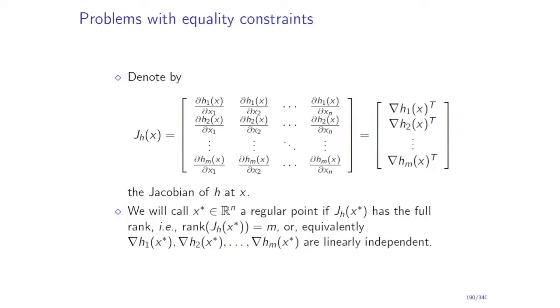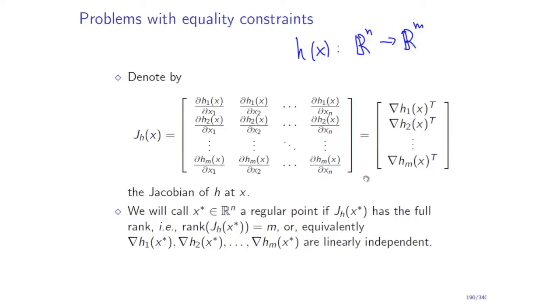So next we discuss some notations that we have not previously used in this course so far. Now we are dealing with a function h of x, which is from Rn to Rm. So we need to express the first order derivative for such a function somehow. In this case, you have a function that takes values in m-dimensional space, right? To express all first order derivatives, we actually need a matrix like this.